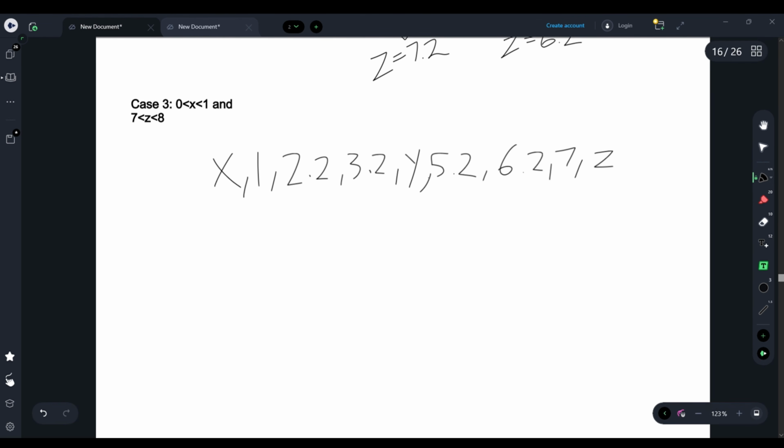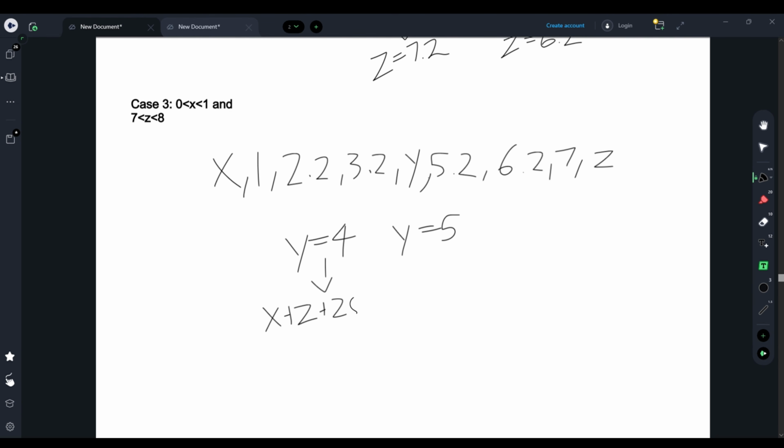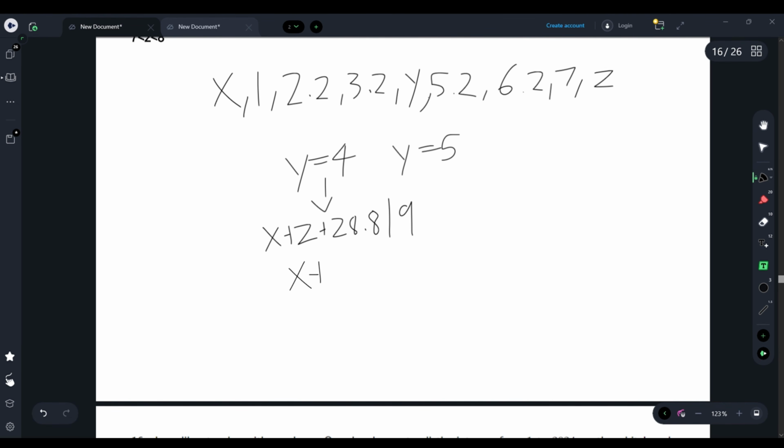So y has to be the median. So y has to equal 4 or y is equal to 5. If y is equal to 4, then x plus z plus 28.8 is divisible by 9. So x plus z is equal to 7.2. And just as an example, x is equal to 0.1 and z is equal to 7.1, which works.